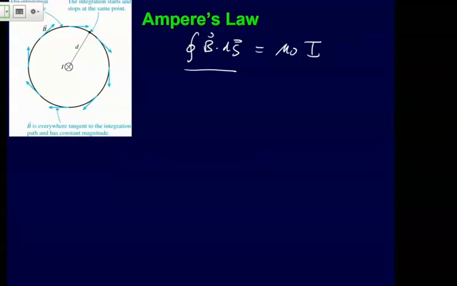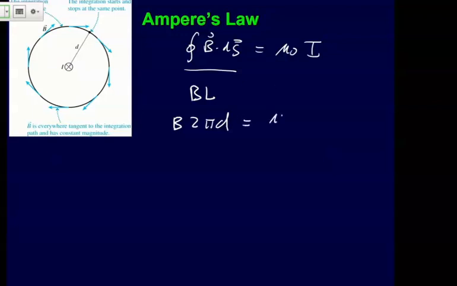Since we know it has to be constant, because it's the same distance from the wire, and we know how it has to curl, then we can look at this picture and argue that B dot ds will just be B times L, the length of the path that we're taking. As usual, where the angle is 0 and it's constant, it's just B times L. Here I called the radius D, so my path length would be 2 pi times D, the circumference of this circle.